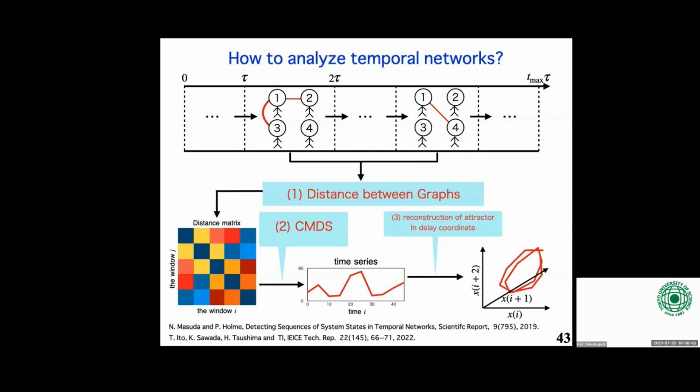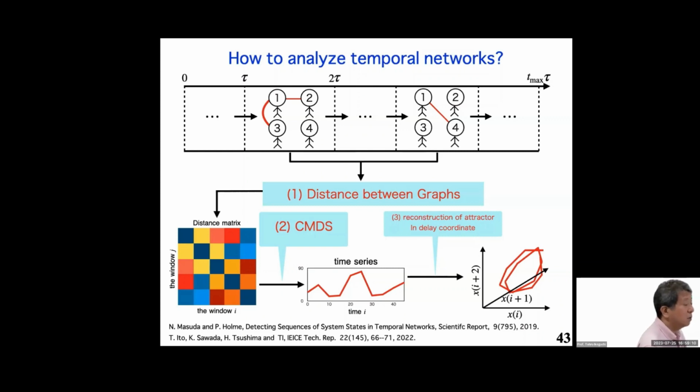Next, the time evolution variation between the state values, that is, the time series signals, is obtained by applying the CMDS, classical multidimensional scaling. By applying classical multidimensional scaling to this distance matrix, we obtain the so-called low-dimensional time series signals.